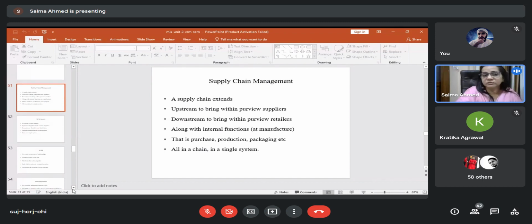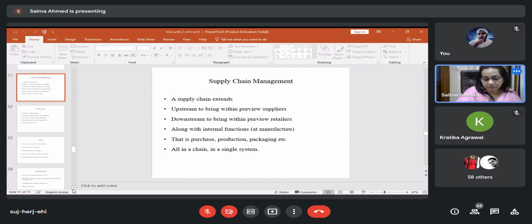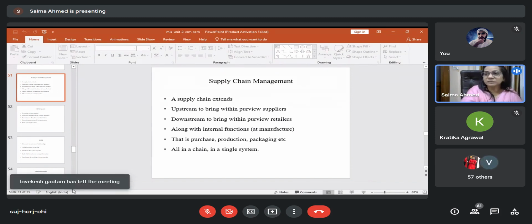We have covered disjointed information systems, the information islands which exist in an organization, and we try to remove them through cross-functional enterprise systems. One is the ERP system, where we discussed its components, benefits, and hurdles.